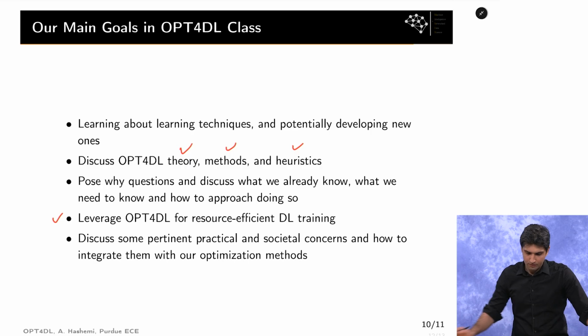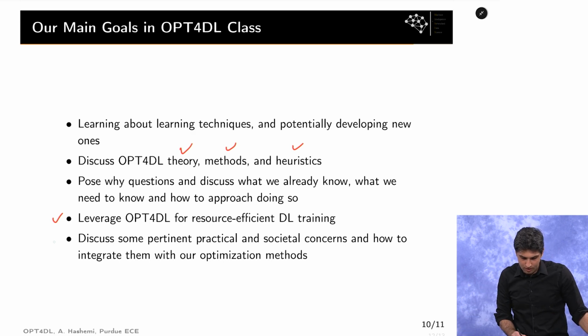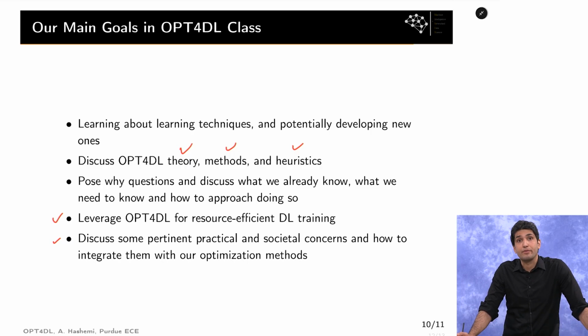Later on in the course, we're going to talk about how we can leverage these tools and methodologies for resource-efficient deep learning training. And finally, our hope is to discuss some pertinent practical and societal concerns and see how we can integrate them with the optimization-based methods that we use when training deep learning models.